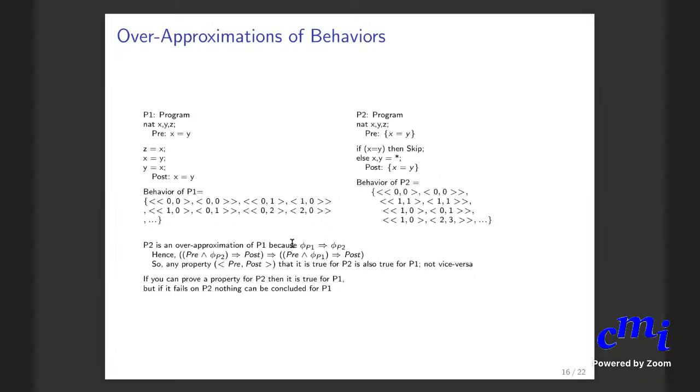So then maybe you will have to refine the over approximation to eliminate some of those behaviors to get to a less coarse over approximation. You have to try a less imprecise over approximation.